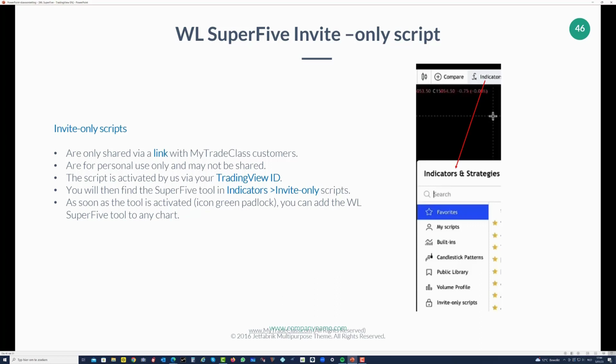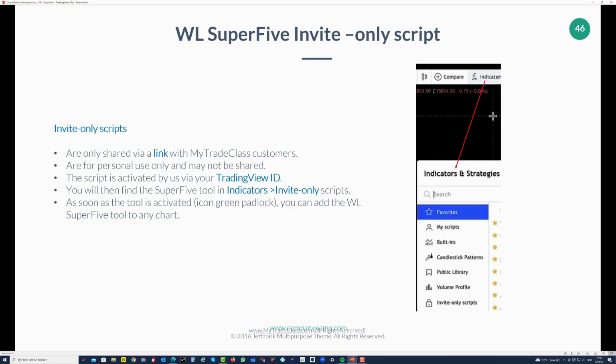Once you bought the tool, you'll get a link from me, which will bring you immediately to the tool. The 3 tools. You have the real momentum, the real trend, and of course the SuperFive. What I will need from you is your TradingView ID, and I will of course unlock or activate the 3 tools.